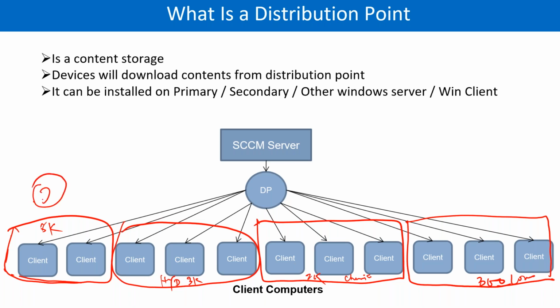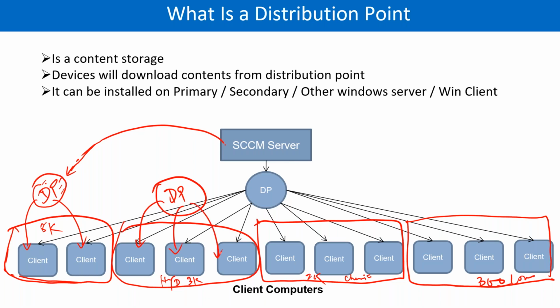So like this, DP for Mumbai, okay? All the content will be present here. From the SCCM server, we will dump the content. Content means what? The files: software files, application files, update files, operating system files. So the content will be present and the client will download the content from here. Mumbai client will download from Mumbai DP. Similarly, you will have DP for Hyderabad, so Hyderabad computers will download from Hyderabad.